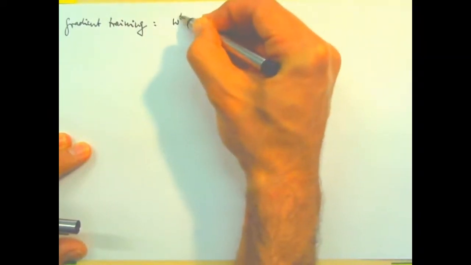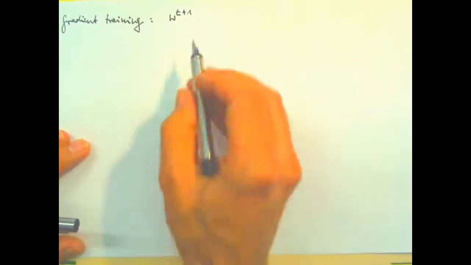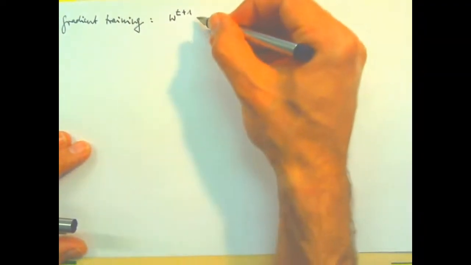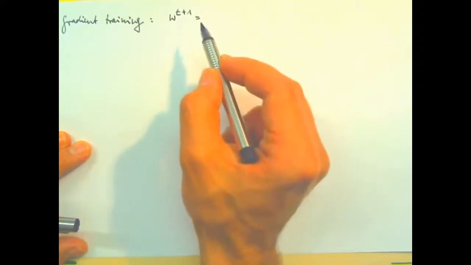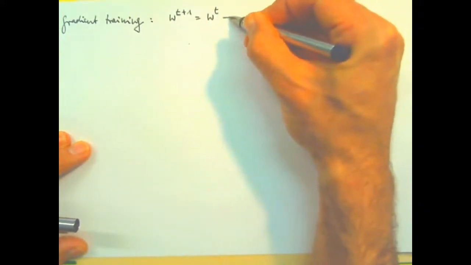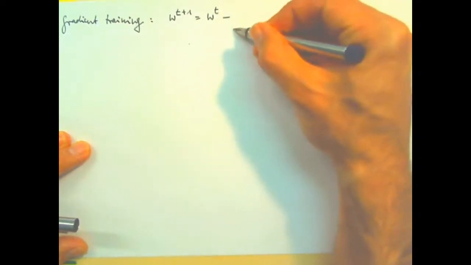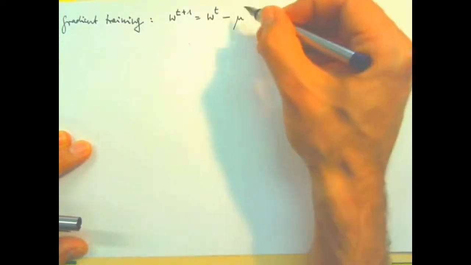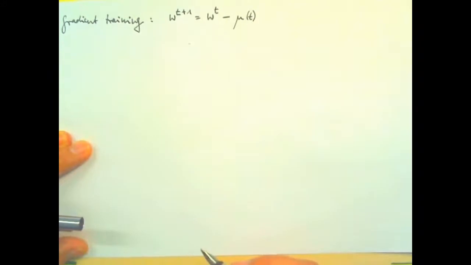We now introduce an artificial time parameter, and we'll say that our parameter vector at time t+1 is given by the old parameter vector minus some magic step size, which in itself is often a function of time. So this is typically something that decreases over time.